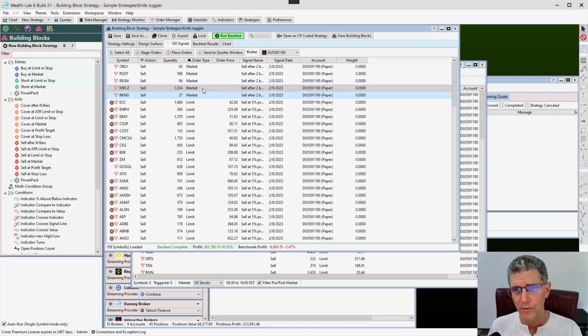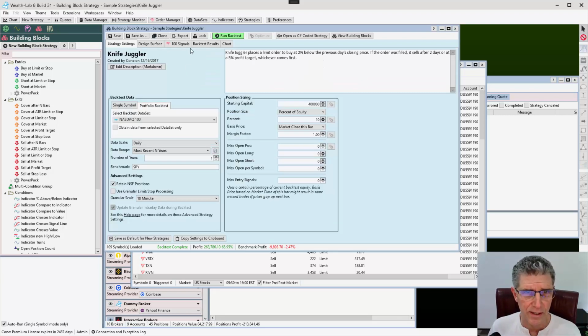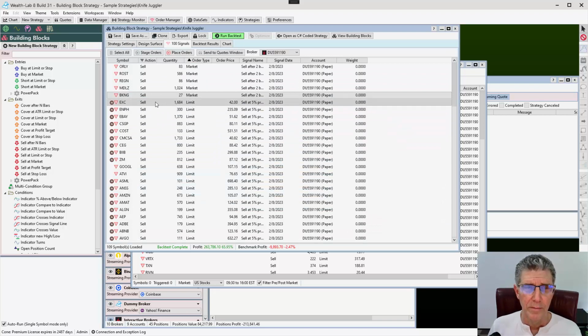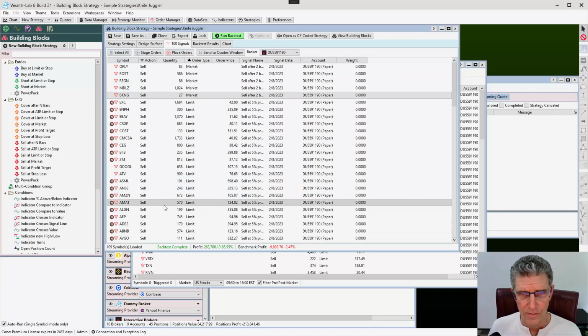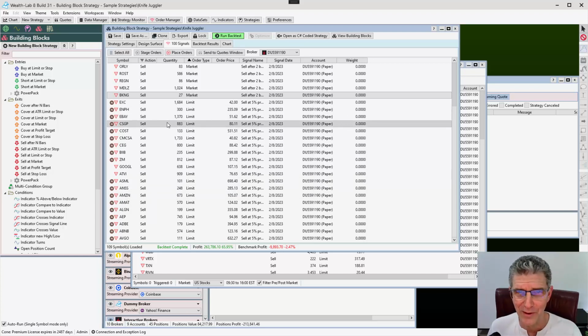Now, something interesting, something that you should know if you're trading this strategy with NSF, remember NSF positions was selected here, retaining them. All of these NSF positions are not available to become new trades today. These are positions that you may have entered in your account, possibly, but that's why the exit order is there for you to get out at the 5% profit target or at the market order.